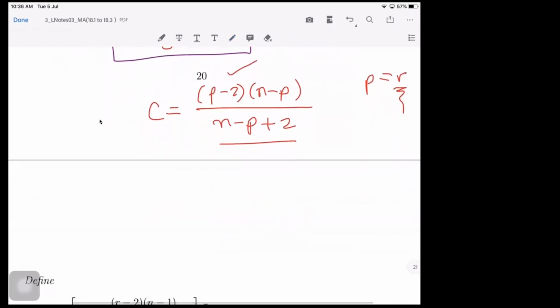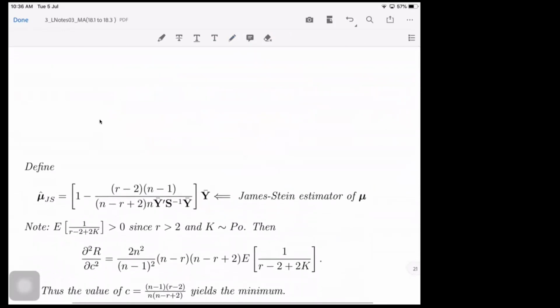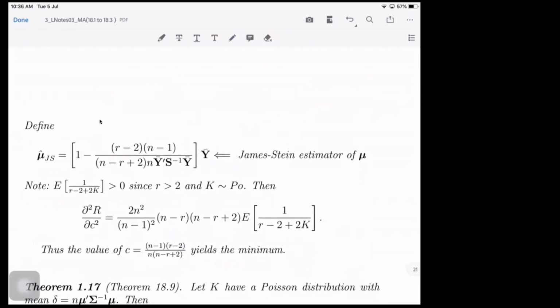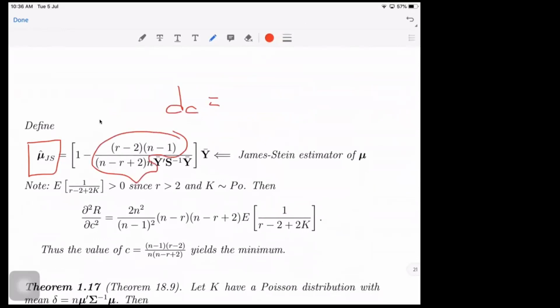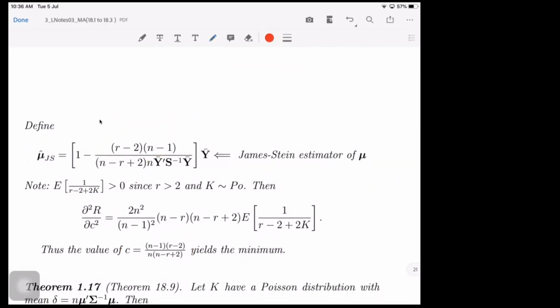What is the next step? The next step is to define your estimator, James Stein, by substituting C in the formula of DC. No? So substituting C in the formula of DC, you have your James Stein estimator. Okay? So this is the one that will yield the minimum.